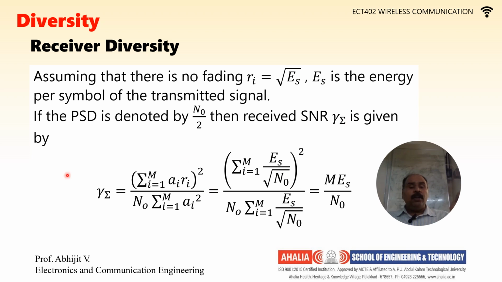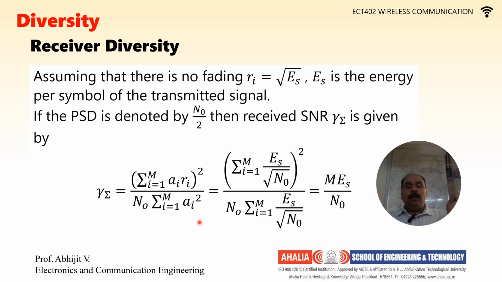Substituting the value for AI: Ri is root Es, AI is 1 by root N0.